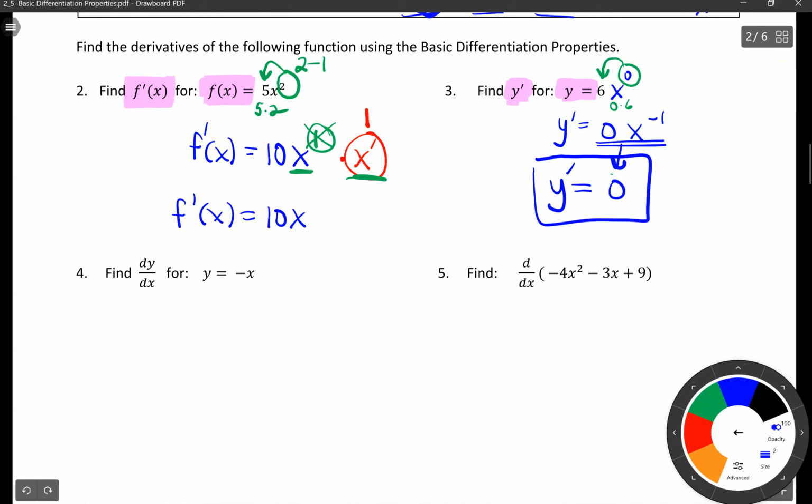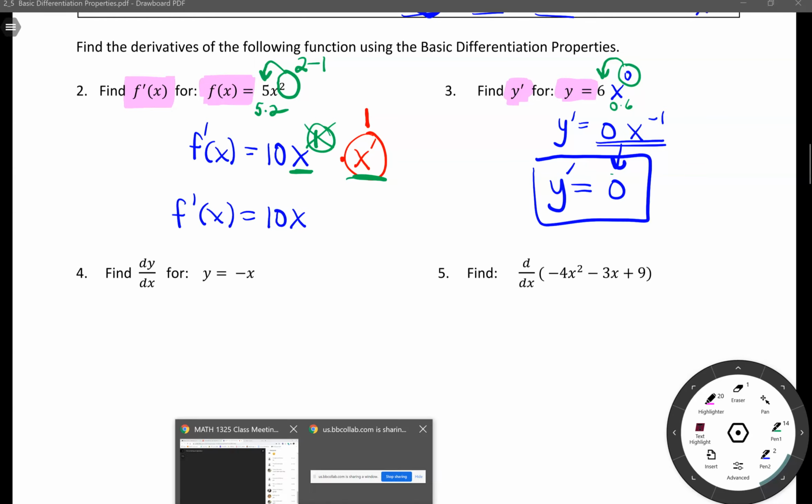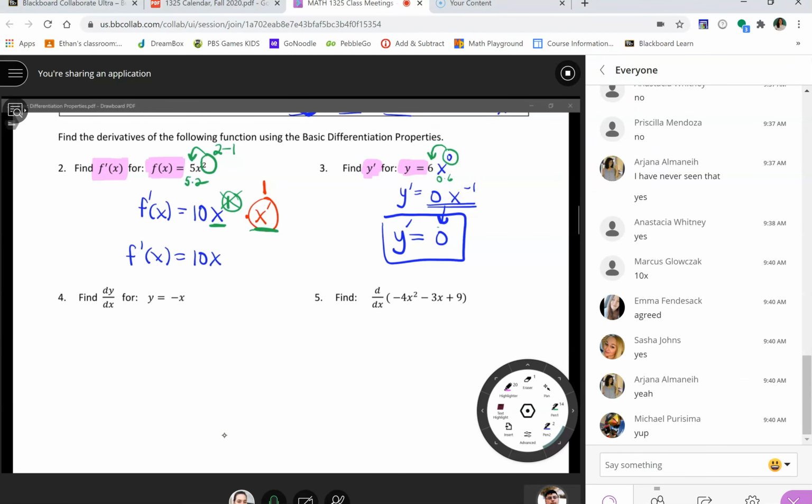So try 4 and 5 on your own. Okay, go ahead and throw your answer to number 4 in the chat.